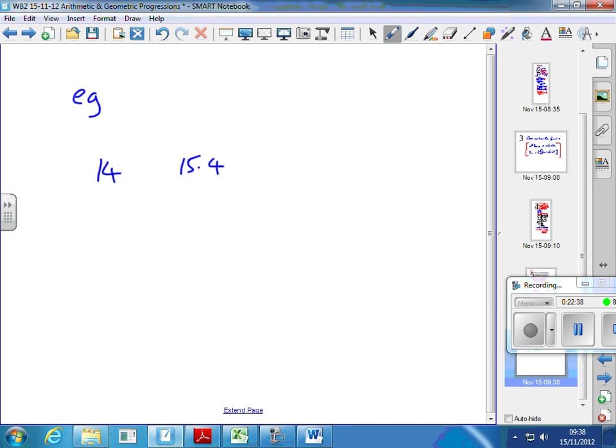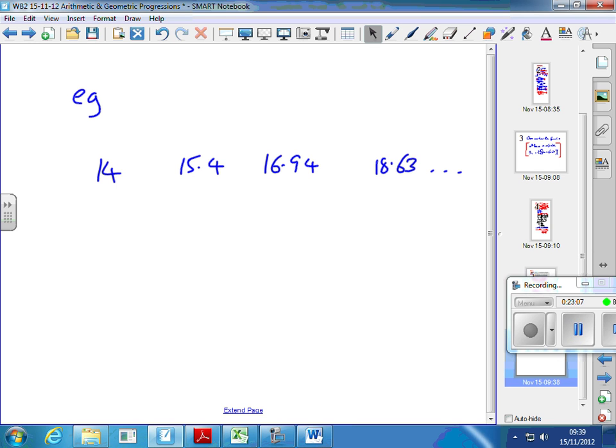To get the next one, we multiply that by 1.1. I'm making it up at the moment. So 15.4 times 1.1 is 16.94. Multiply that by 1.1: 18.63, and so on.